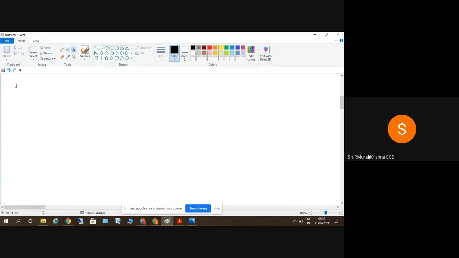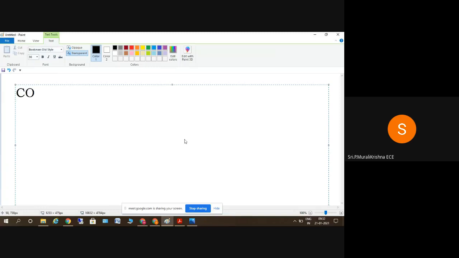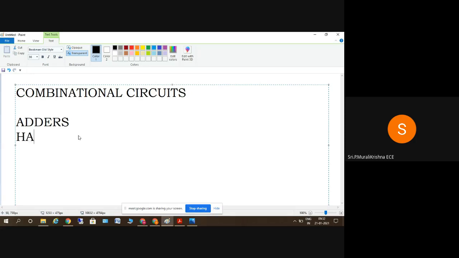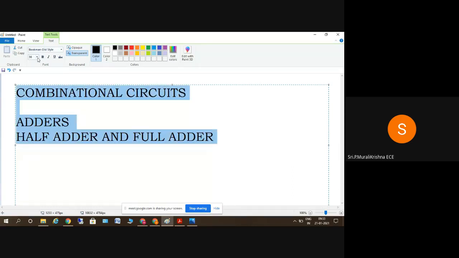First we'll start with the adders, and decide what kind of adders. First of all, we'll see the half adder and full adder. Please note this: half adder and the full adder.